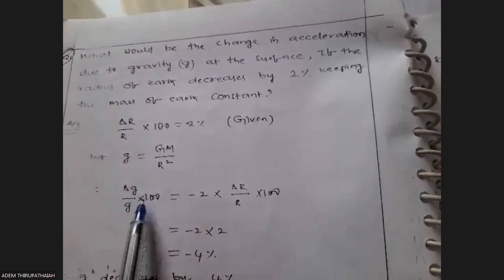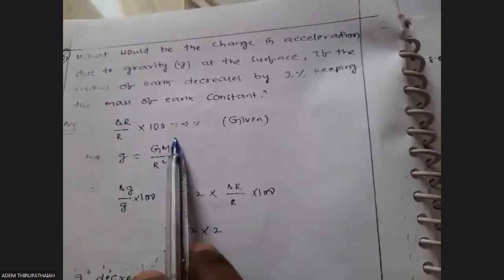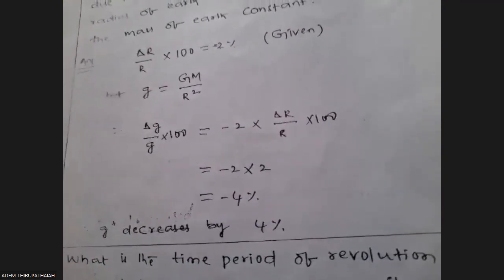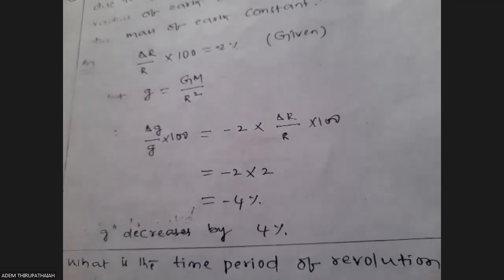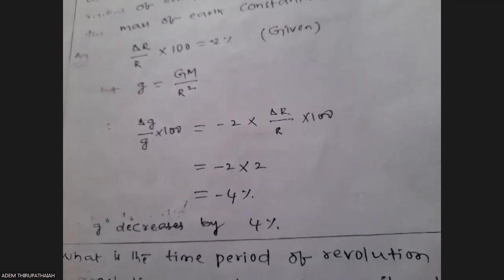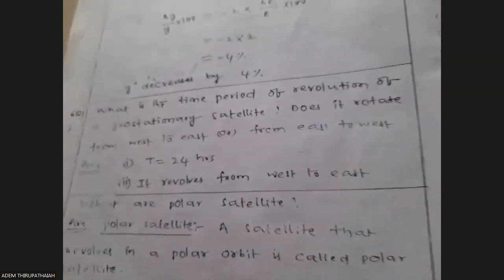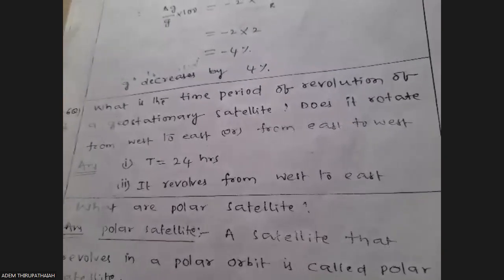So small g changes by minus 2 delta R by R into 100 percent. So minus 4 is nothing but a decrease. Decreases by 4%. Next question.